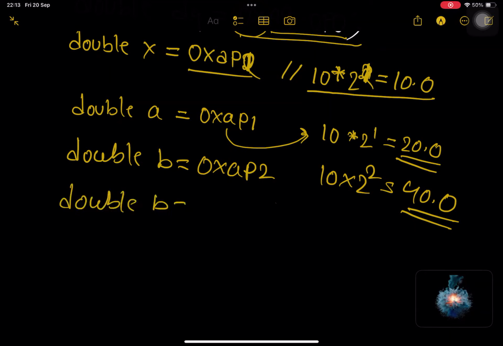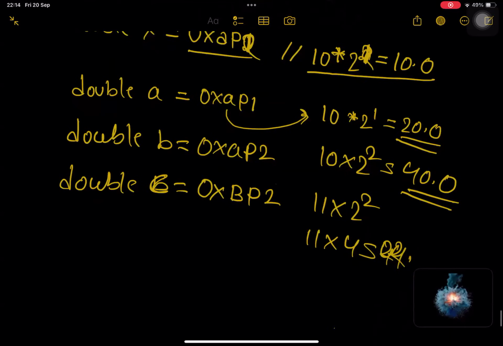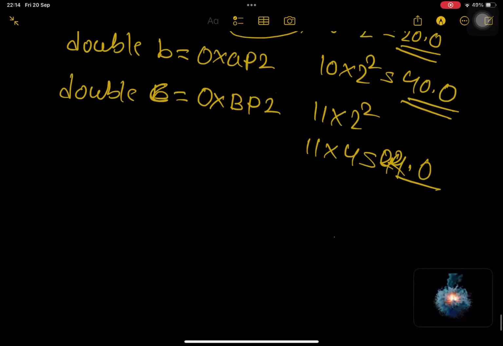Double c equals 0x, small x, and then bp, power of 2. What could be the value? 11 into 2 to the power 2, so it's 11 into 4, so 44.0. Clear?